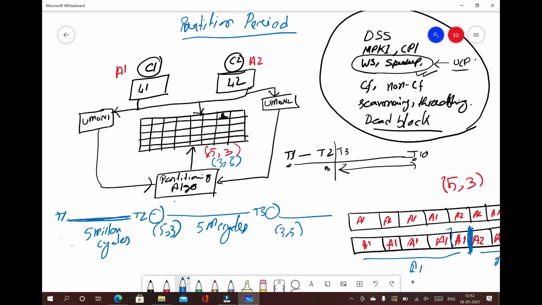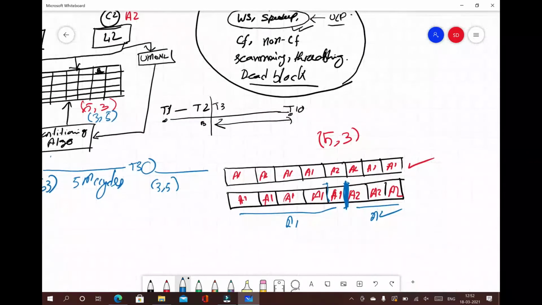Which one is the partition period? Partition period means this 5 million cycles. After this period, the partition changes. So once a partition is decided as 5,3, it will not change during the partition period. Only after this partition period will your partition change.